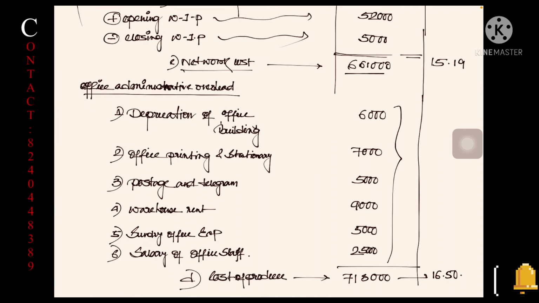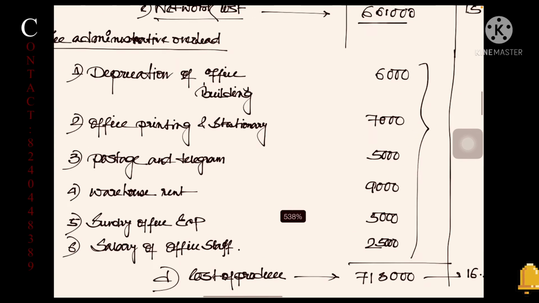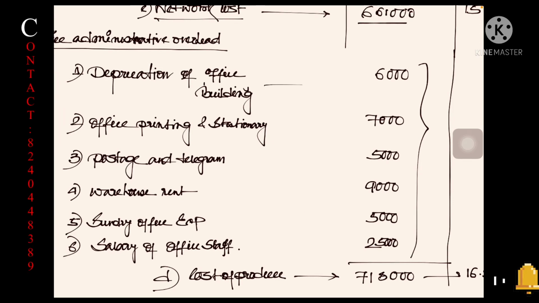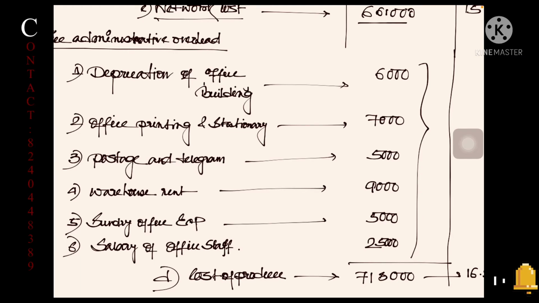Now next point. From the factory, if you enter the office and administrative overhead, what elements will come? Anything related to the office and administration will come under the head of office and administrative overhead. Here we can include the depreciation of office building, office painting and stationery, postage and telegram, warehouse rent, sundry office expense, salary for the office staff.